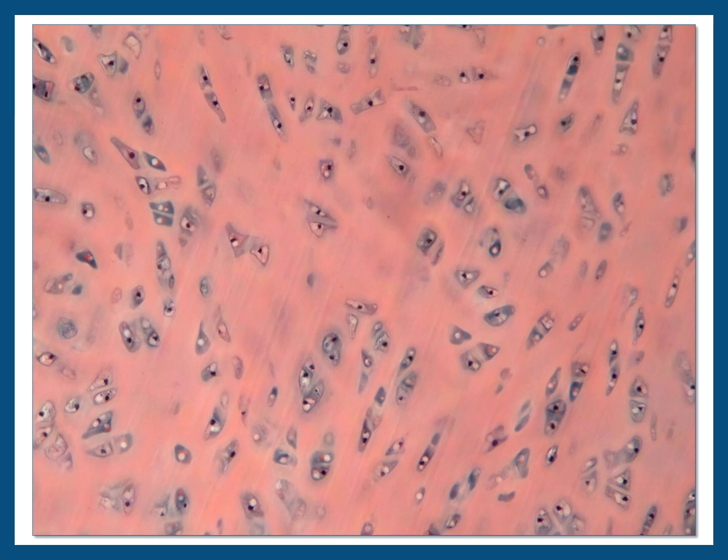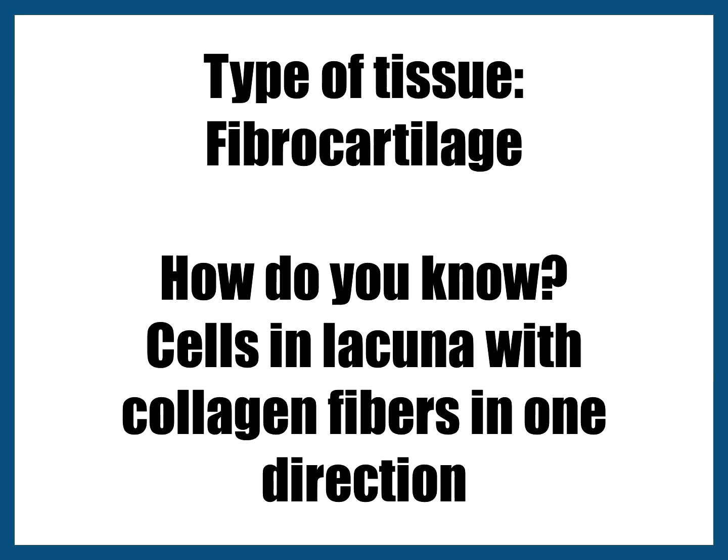One being those lacuna, and the second being these fibers that are going through that hardened ground substance. So this is fibrocartilage. Hyaline cartilage wouldn't have those collagen fibers that are all running in one direction, but they would have those cells in the lacuna.